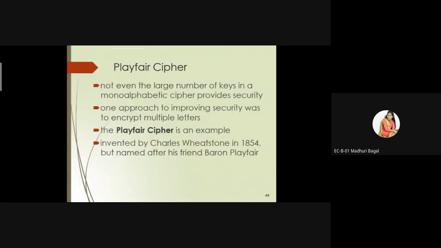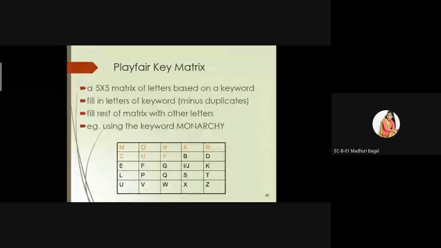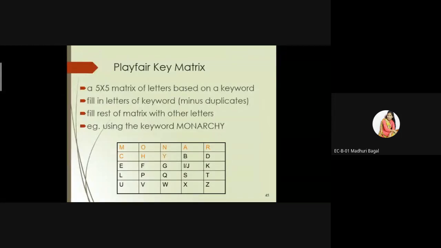Then the third algorithm is the Playfair cipher. Again, in a quick time I'll describe the concept. In this cipher, we describe the information in a matrix format. We have a number of letters, and all the letters we can describe in a 5 by 5 matrix.